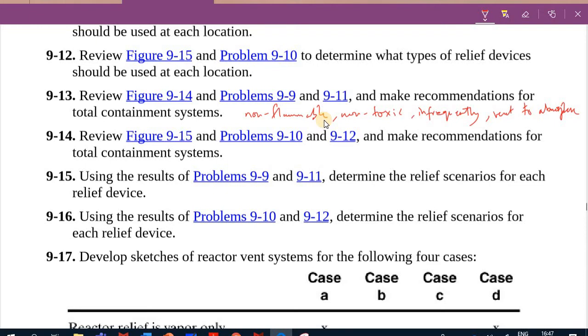Then we need a catch tank or a knockdown tank, and a scrubber before going to the flare, just to make sure that we get the liquid out and absorb any harmful thing. Then we take it to the atmosphere, considering that everything going to atmosphere is safe and according to the regulations.